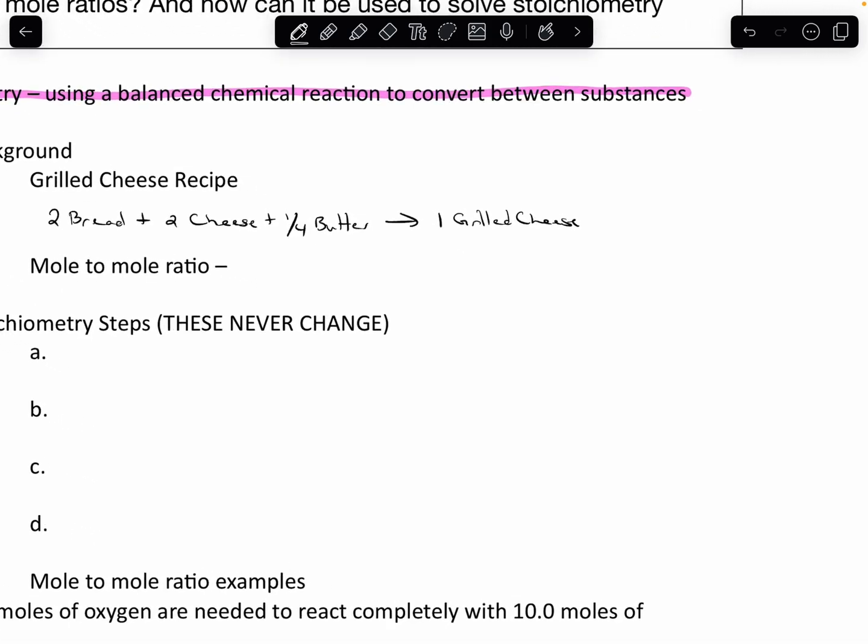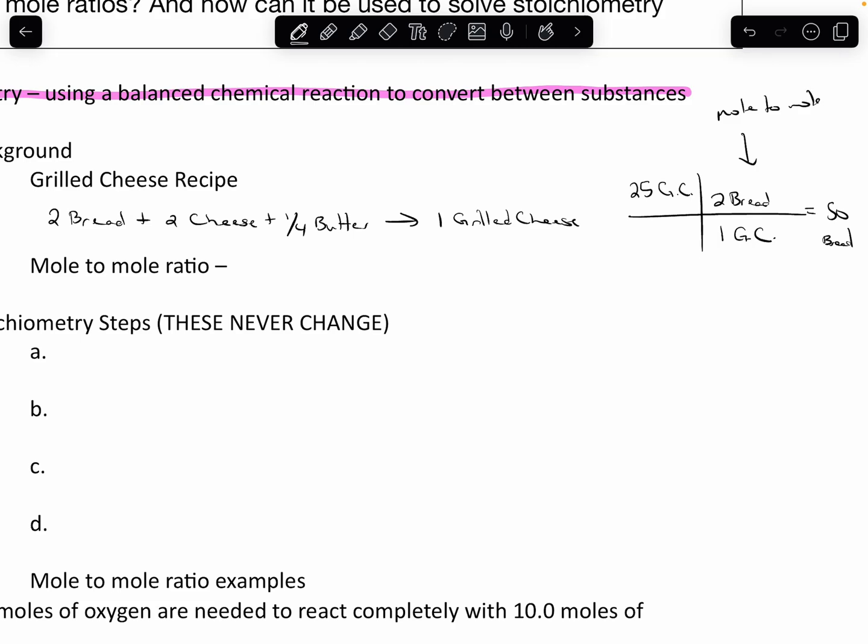But let's talk about that in terms of the multimole ratio. So if I need 25 grilled cheese, I know that for each grilled cheese, I need 2 slices of bread, which is where you got your 50 slices of bread. You did this really quickly, but this is a multimole ratio.